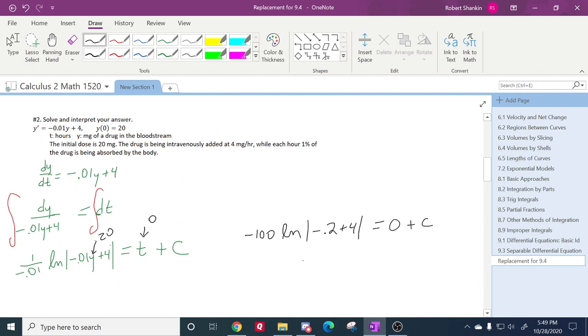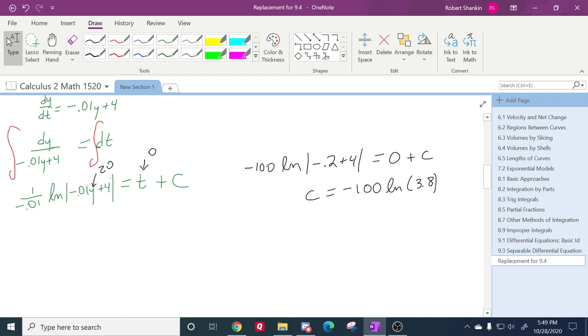So c is equal to negative 100 natural log of 3.8. So we found the c right there.